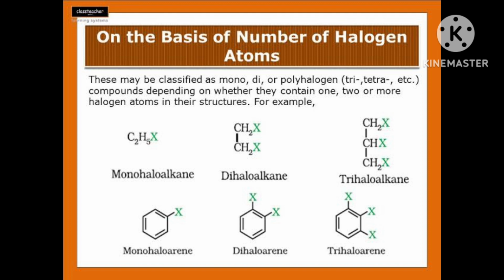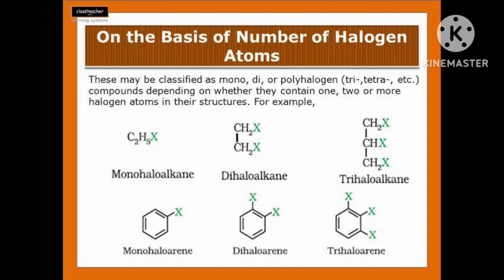For example, C2H5X, only one X is there, so it is called monohaloalkane, because C2H5 came from the alkane.